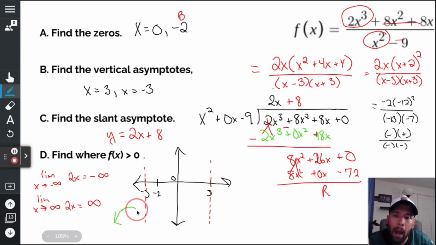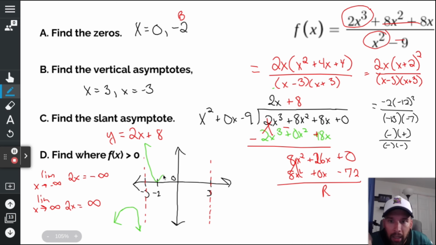But what also happens is this guy becomes an asymptote. At -3, I have a regular looking asymptote, no multiplicity. So since there's no multiplicity, this guy is going to reappear up here. At -2, I bounce off. So I'm going to go to -2 and bounce, and come back up.